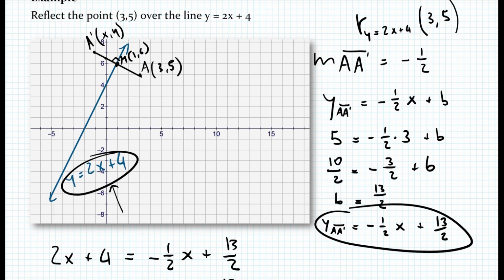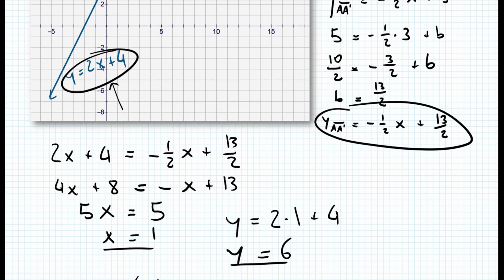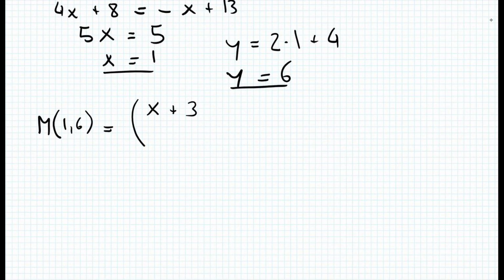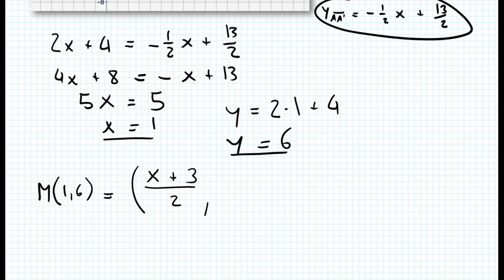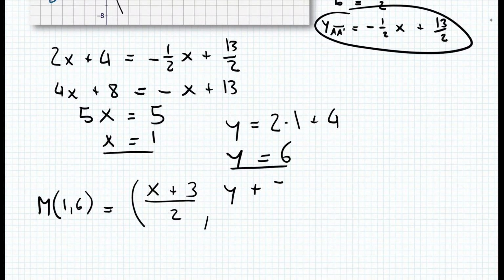So let's write this. The midpoint 1 comma 6 is equal to the x coordinate of A prime plus 3 over 2 comma, and then we know that 6 has to be equal to y plus the y coordinate, in this case 5, and then we divide it by 2, okay?